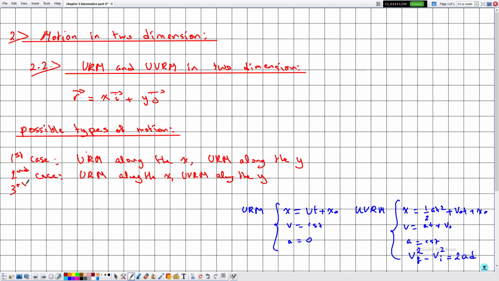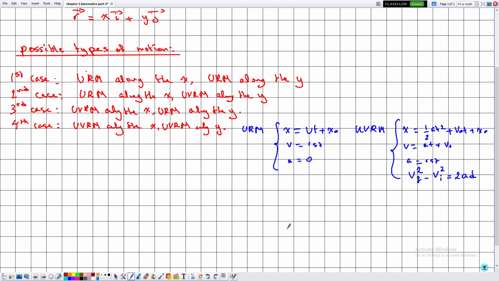The third case is UVRM along the x and URM along the y. And the fourth and final case is UVRM along the x and UVRM along the y. Okay, let me consider the following example.